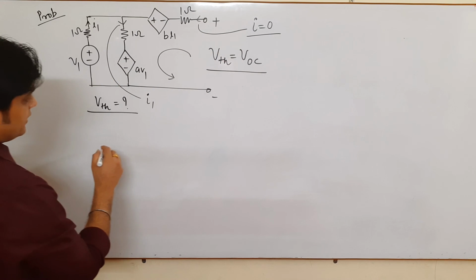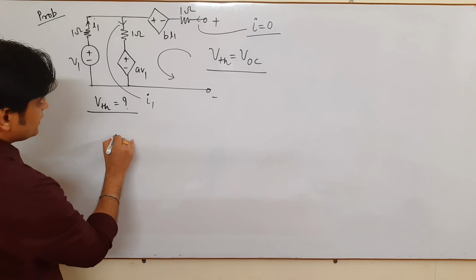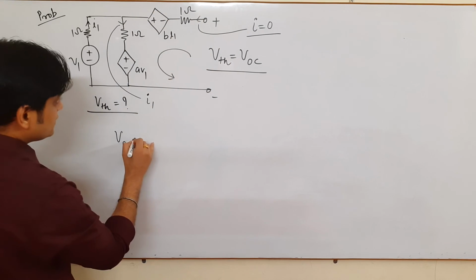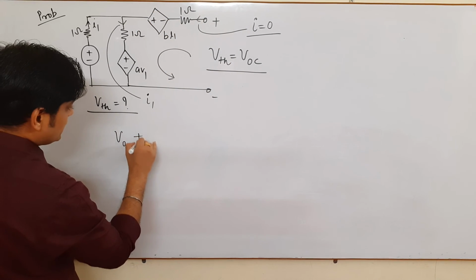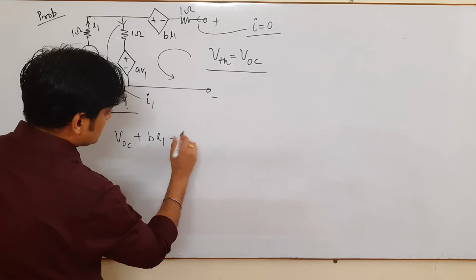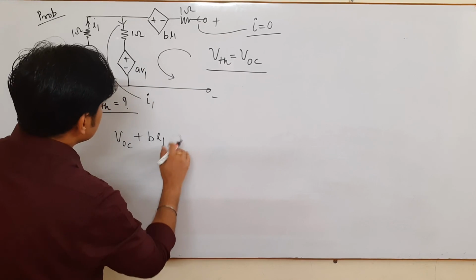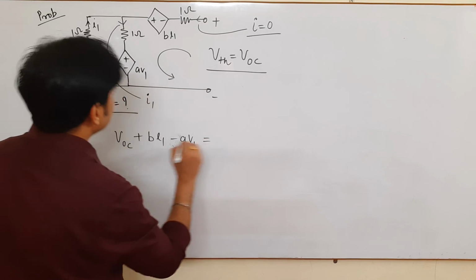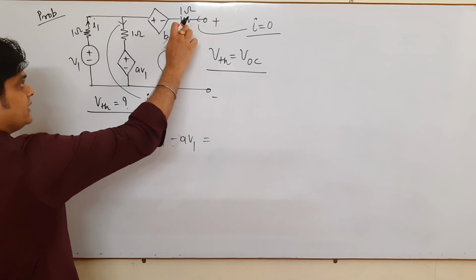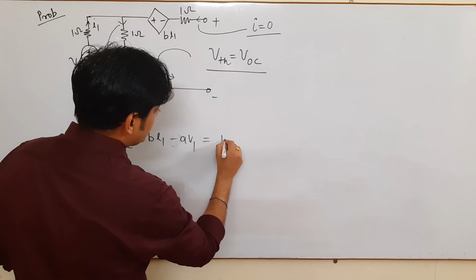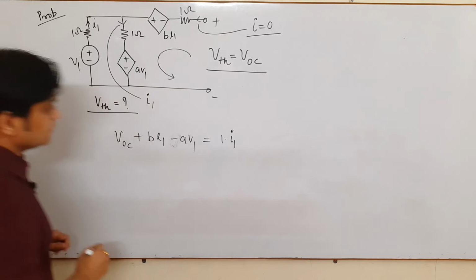So if I apply it here, VOC, that is your open circuit voltage, minus 2 plus VOC, then minus 2 plus this comes to be B I1, then plus 2 minus this comes to be minus A V1, that is equal to, there is no current in this resistance, and the current here is I1, so you can write it as 1 into I1.